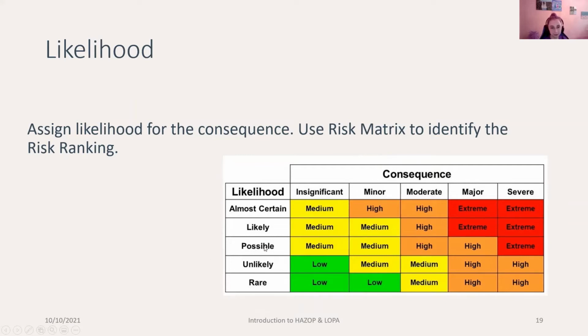You have the likelihood, you have the consequence, and together you go to the point where it shows high, most of the time by coloring of the risk ranking. Then you are going either to direct it to LOPA, for example.